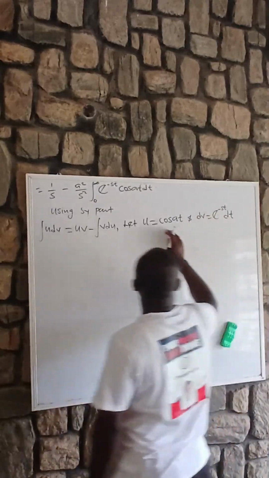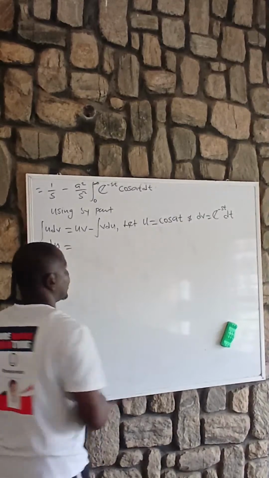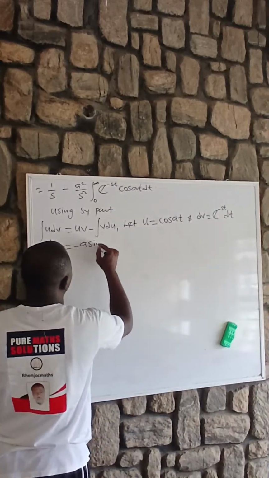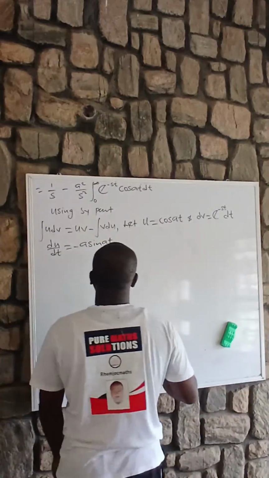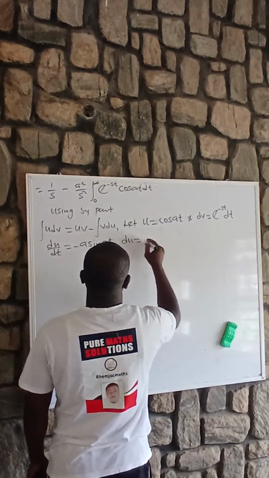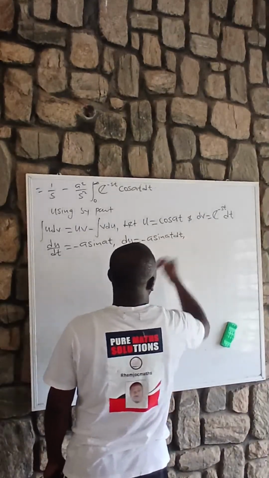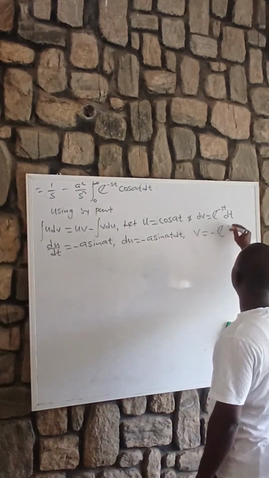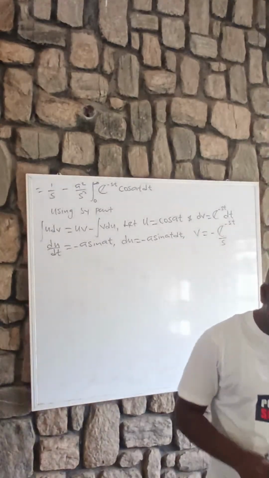Let us differentiate u with respect to t: du/dt is minus a sine at. Then du will be equal to minus a sine at dt. Then integrate both sides, and we have v as minus exponential minus st all over s. Am I right here up to this point? Are you following?